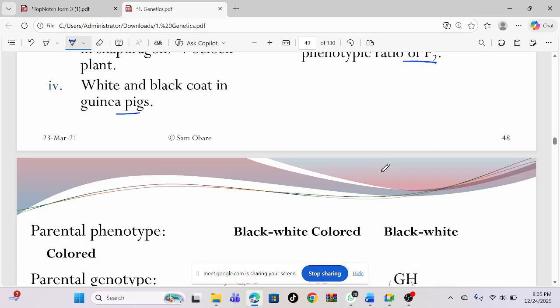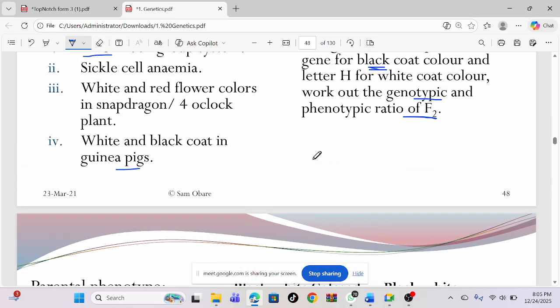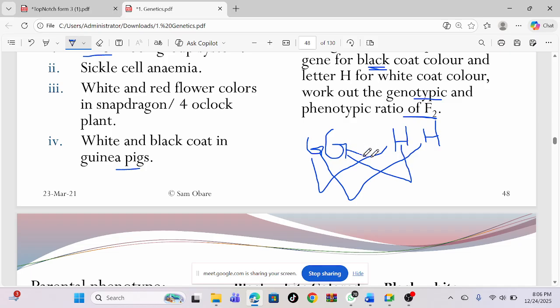So the F1 will be G for black, isn't it? So G and H fuse, and I have already told you the rules. So this goes with this, and this goes with this. We have done that one. Now we fuse this side with this side. So it will be GH.